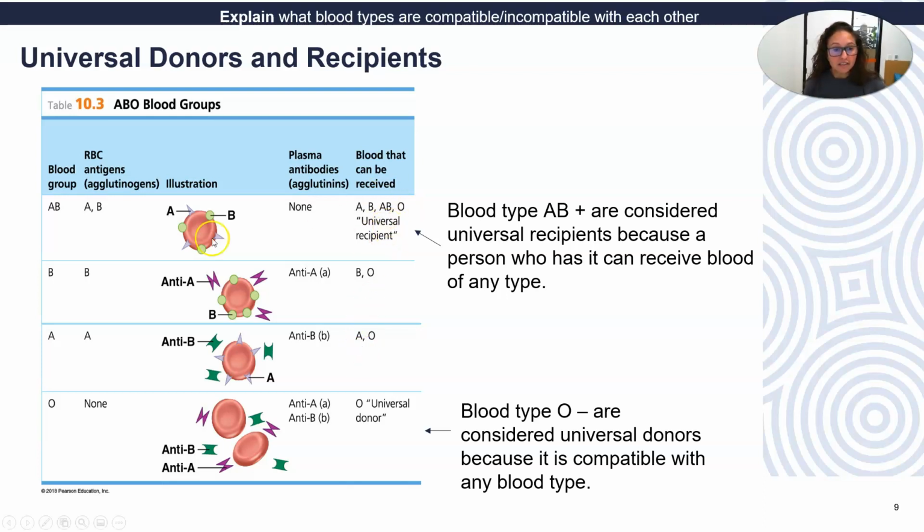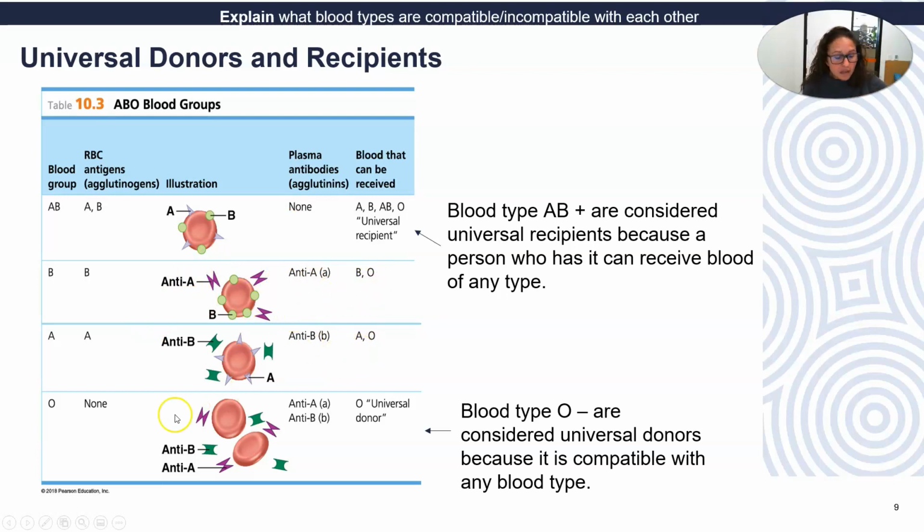So this blood group AB, because it has A and B antigens and no antibodies, you can give them any old red blood cell because there aren't any antibodies to attack them. But the other ones are more specific. You really need to think about what you can give them.